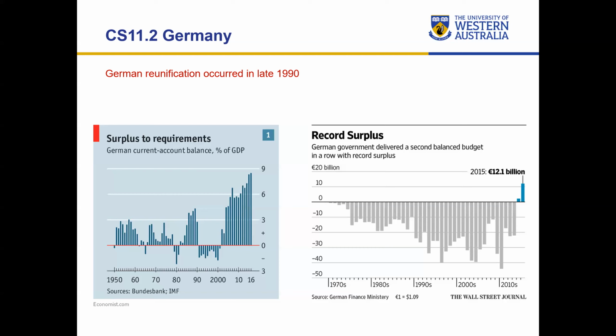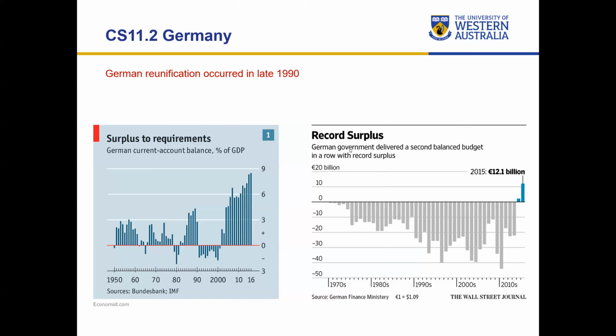Well, the first thing that happened is the German government started running larger government budget deficits to fund a lot of infrastructure spending that was required, particularly in East Germany, which had lagged behind West Germany for decades, to try to get the East German economy up to speed.